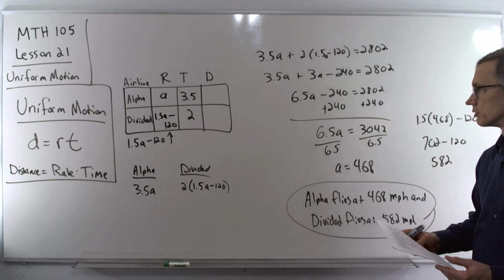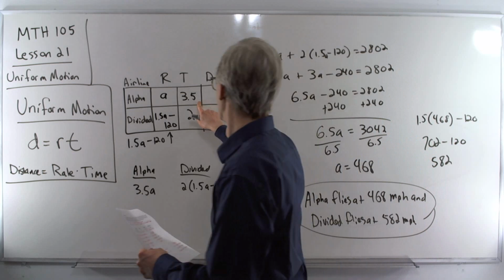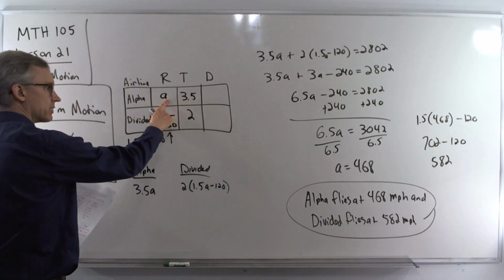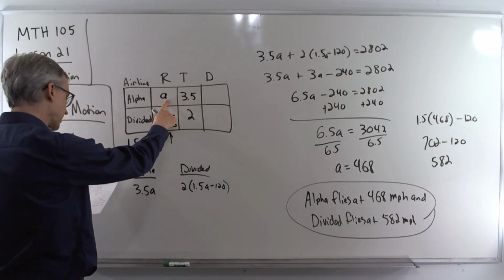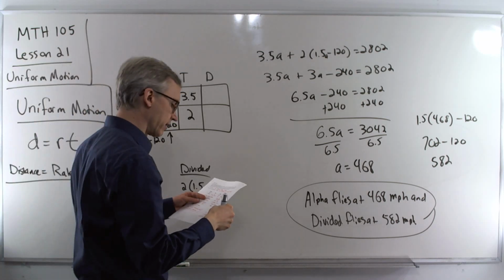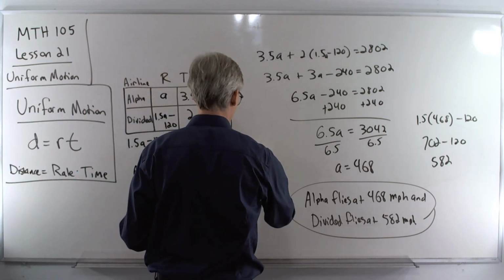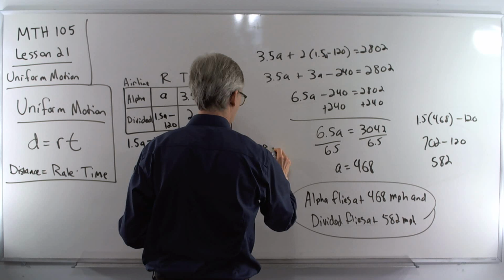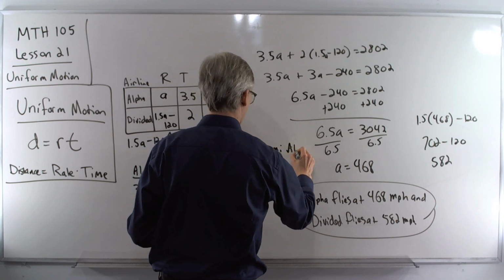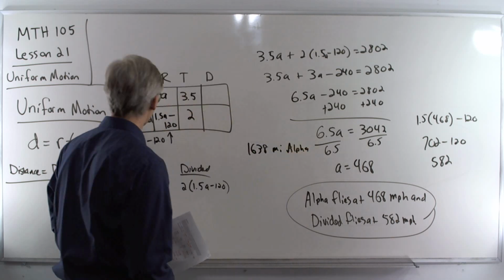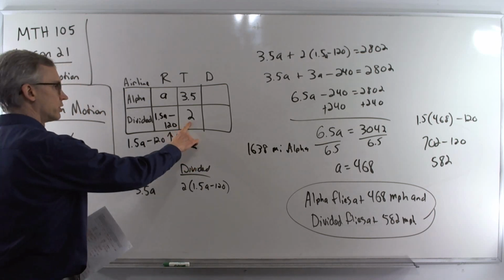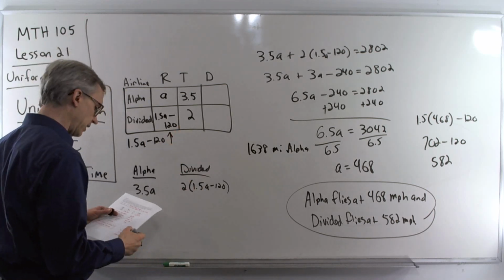Now to check, we'll do 3.5, the Alpha time, times the Alpha speed, which is 468, and that gives us 1638 for Alpha. And then for Divided, it's 2 times the speed, 582.